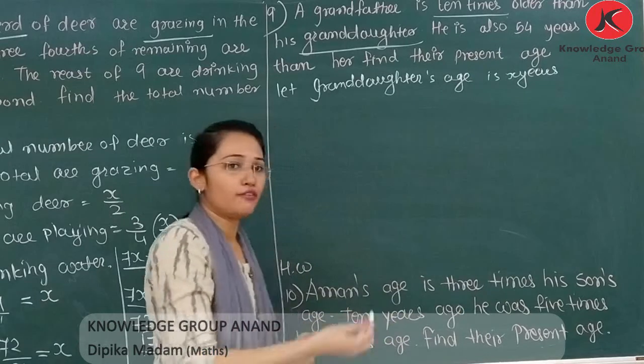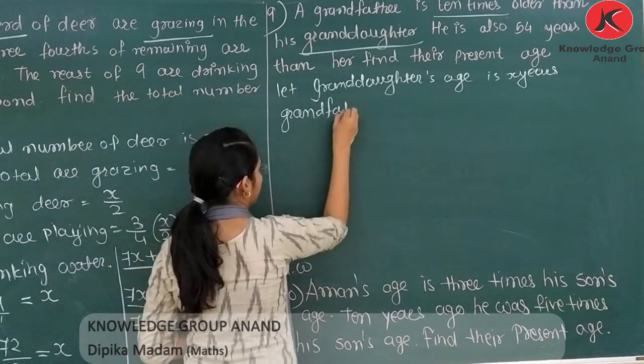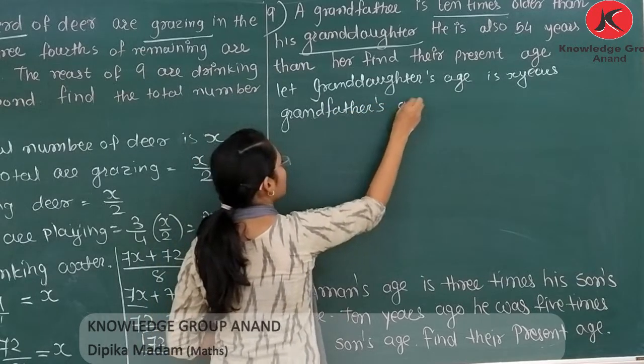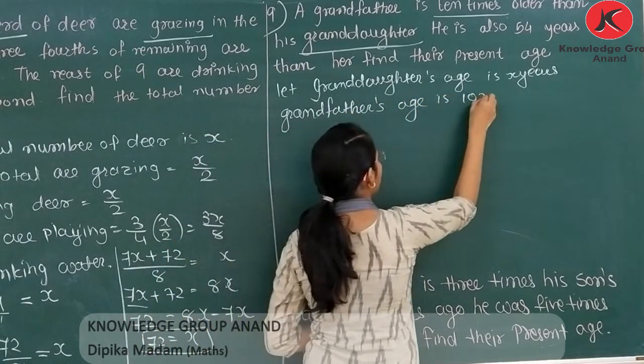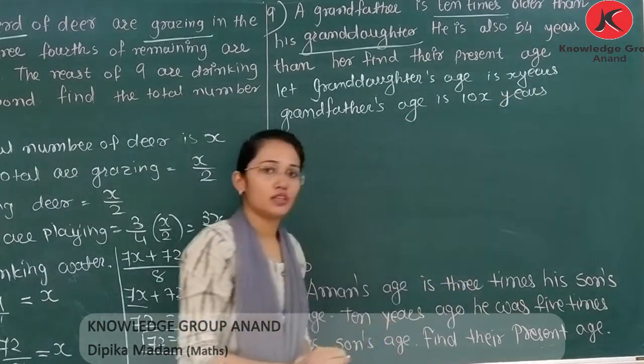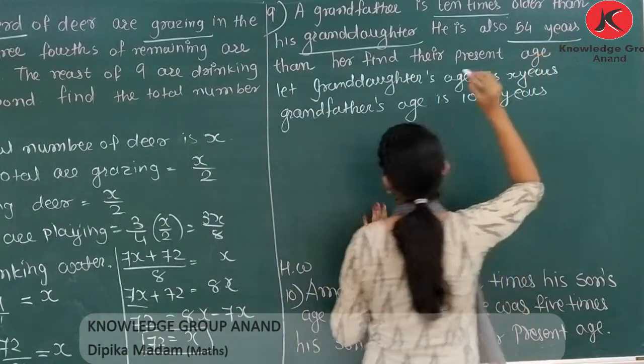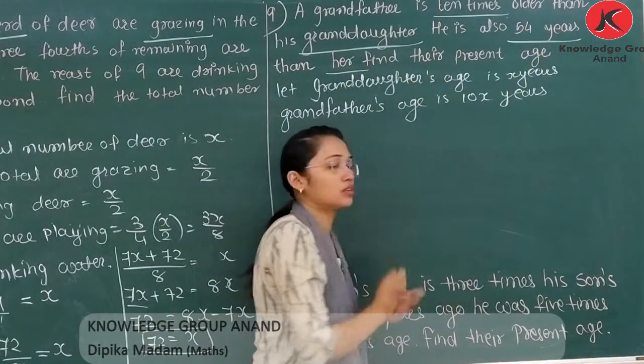So what is the grandfather's age? 10 times means 10x years. He is also 54 years older than her age.